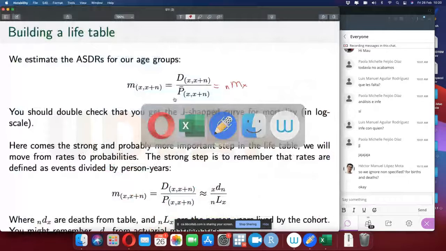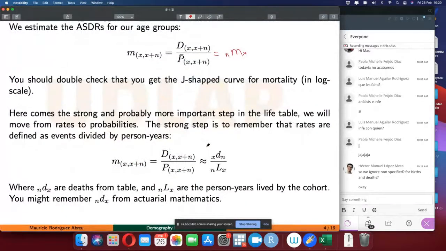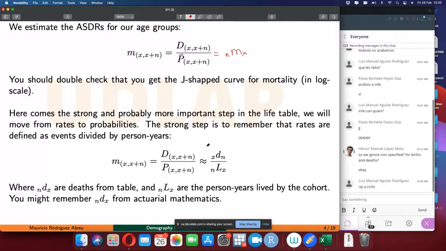So let me go back here. Okay. So now here is where we're going to take that leap of faith. Give me a second. Okay, sorry.